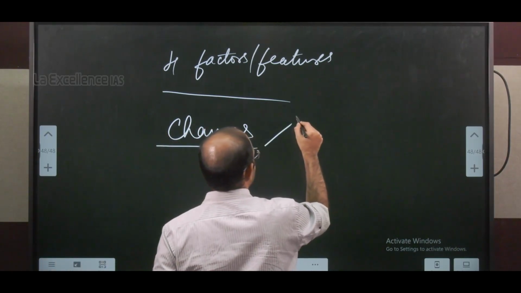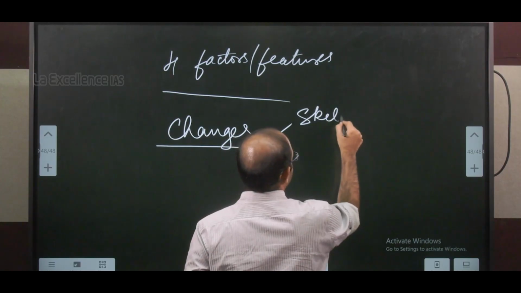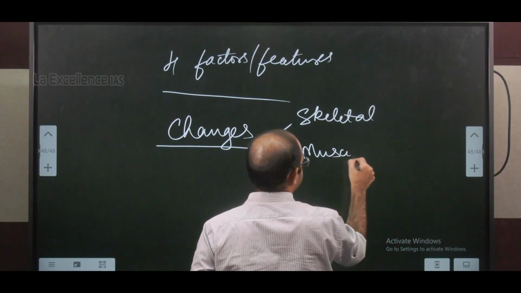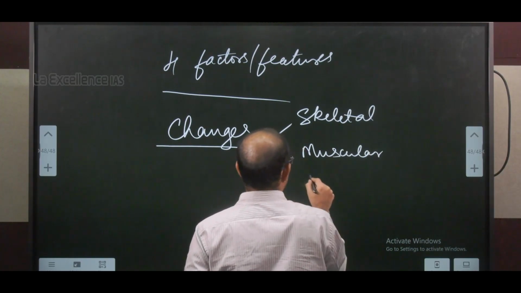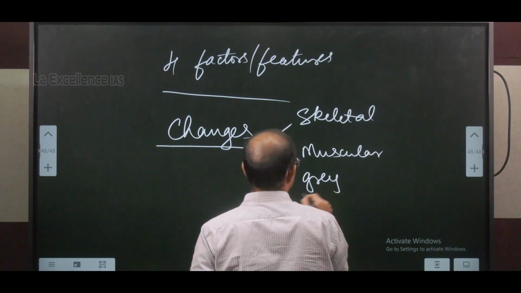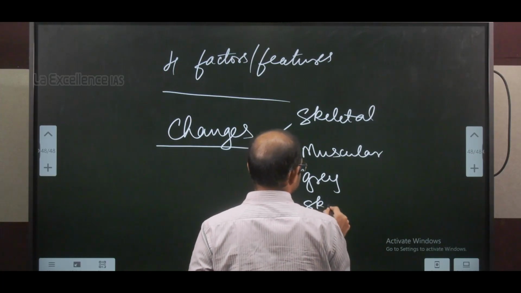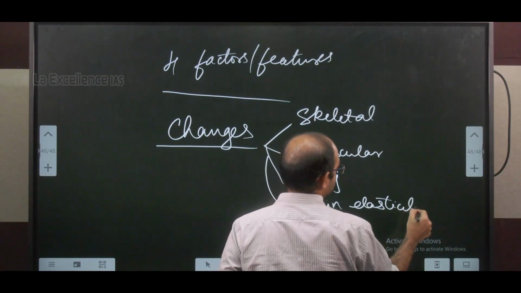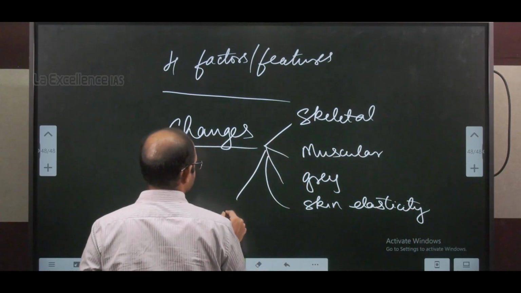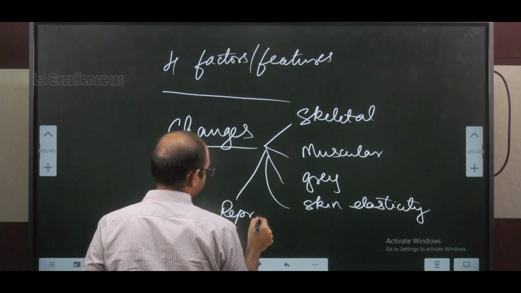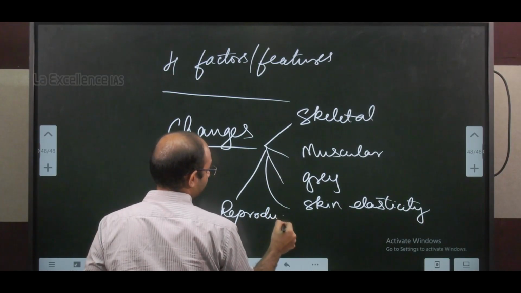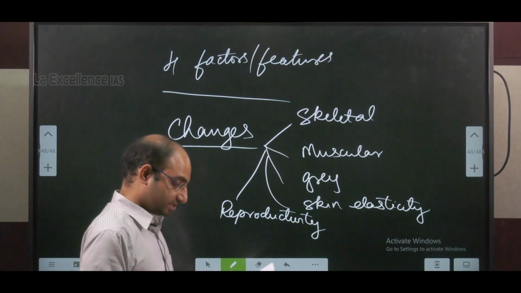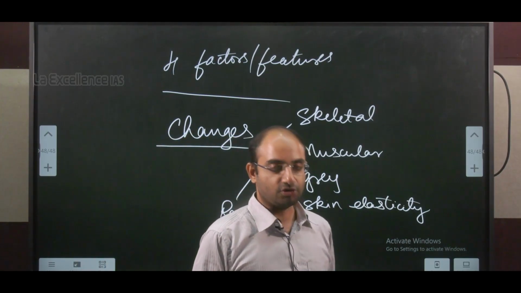You see different changes in skeletal system, in muscular system, general strength, body begins to gray of hair, skin losing its elasticity. All of these are senescence related changes, loss of reproductive capacity. So discuss the different changes which happen in old age, and then also finally discuss the various theories of aging.